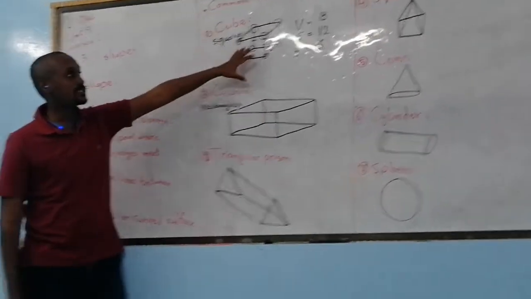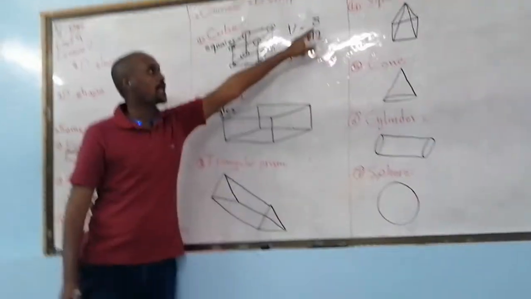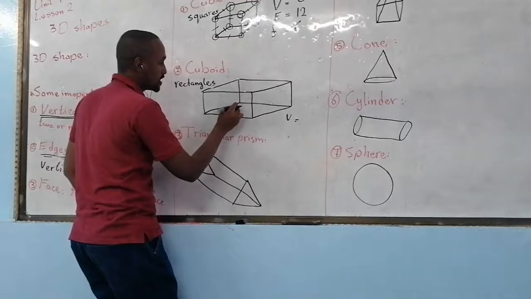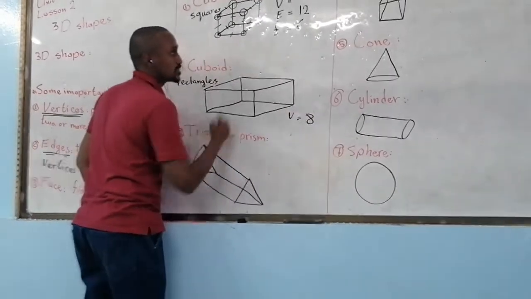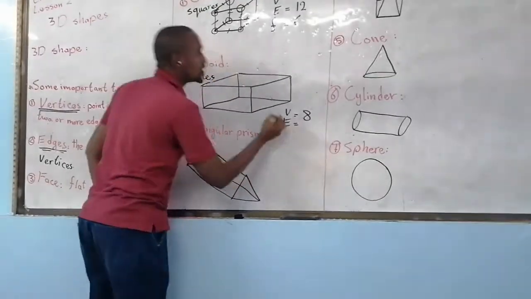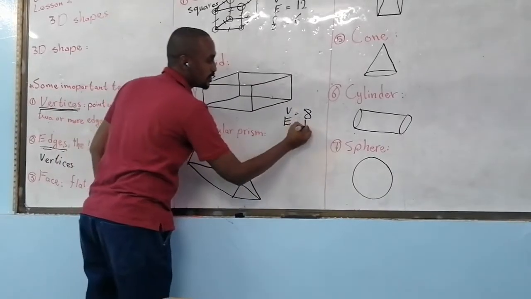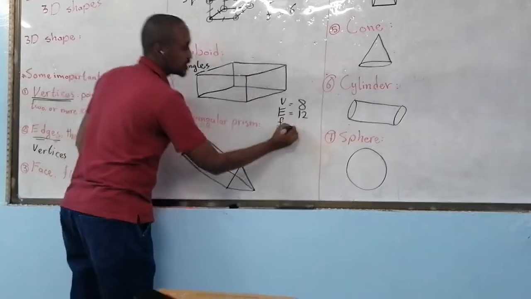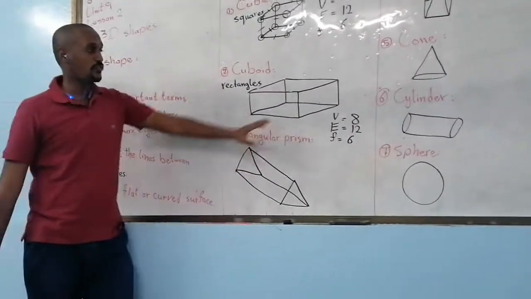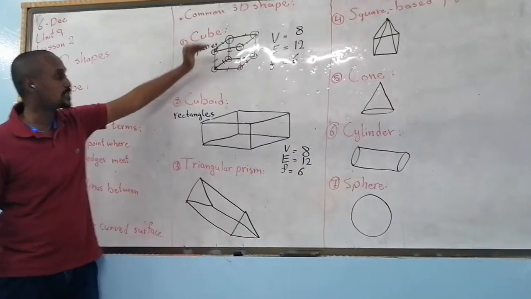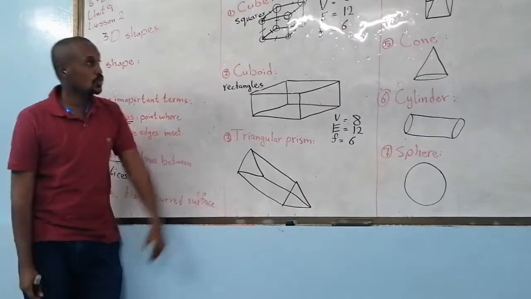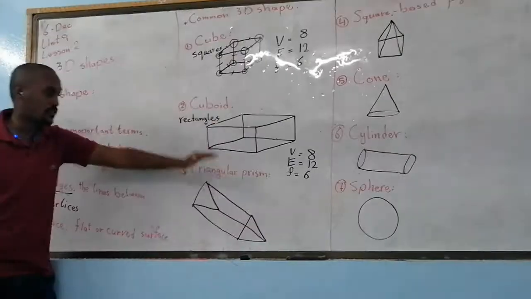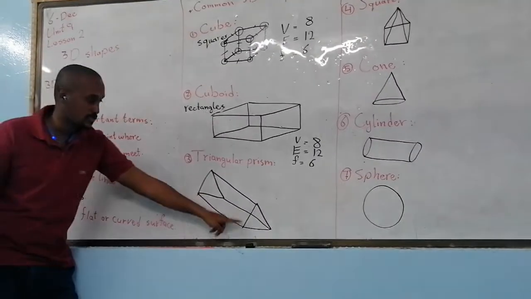So it has the same properties as the cube: 8 vertices, 12 edges, and 6 faces. The difference between them is that one has squares and the other has rectangles. The second one is rectangle.